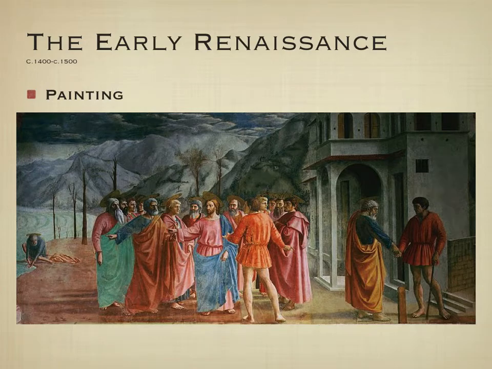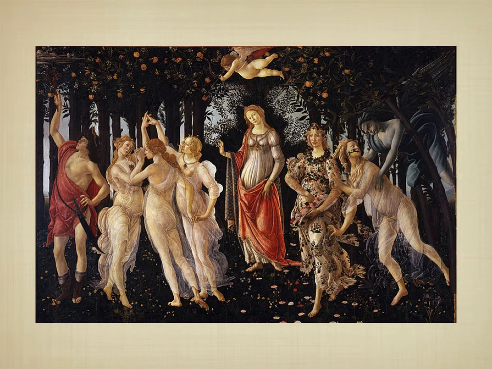Now, not all works in the early Renaissance were concerned with realistic representations, and you can see that here. This is Botticelli's La Primavera, or The Spring, from 1482. This one is not as concerned with realistic perspective. Here we can see the figures have strong outlines.